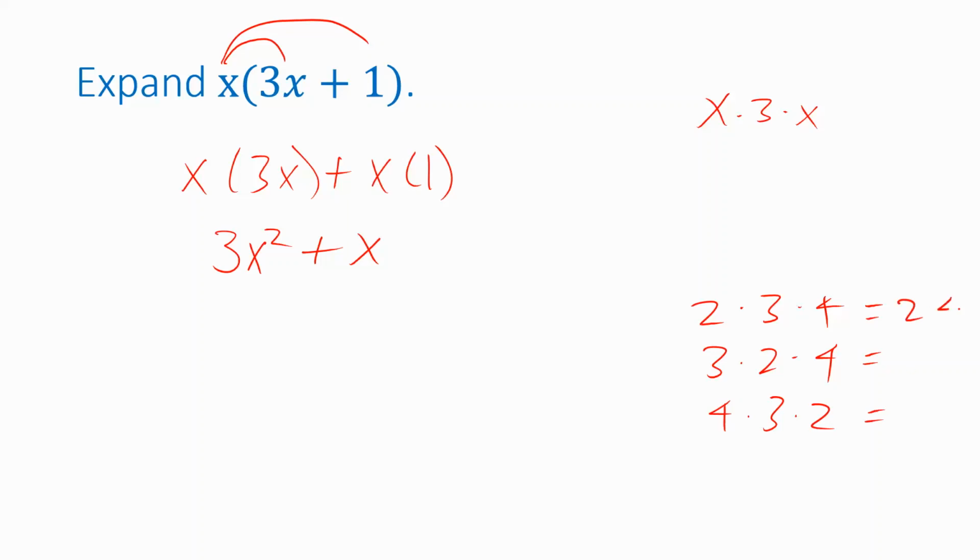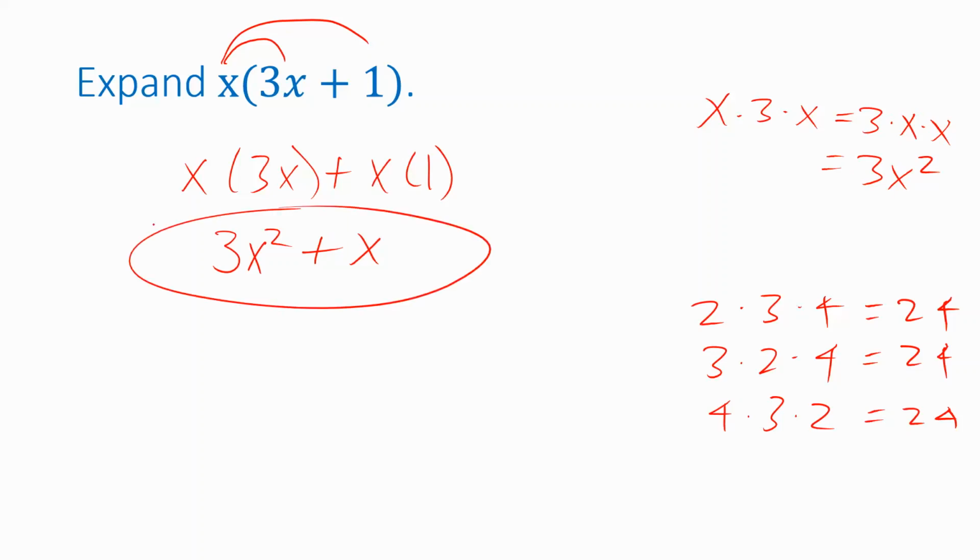I'd get 24 no matter what order I did that multiplication. When it's all multiplication, the order doesn't matter. So the same thing's going on here. I can do it in the order 3 times x, and that's the same as 3x squared. So that's where that came from. And this is our simplified form.